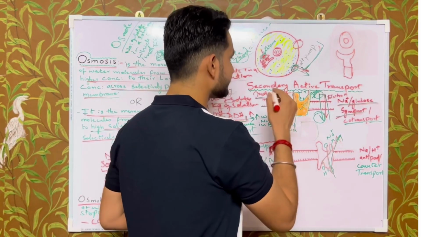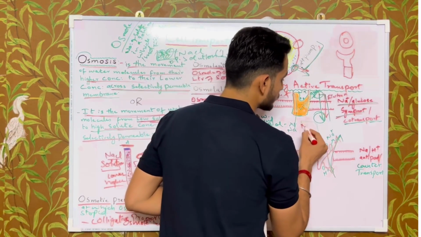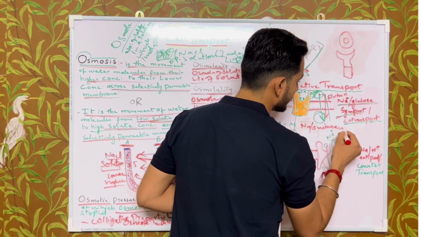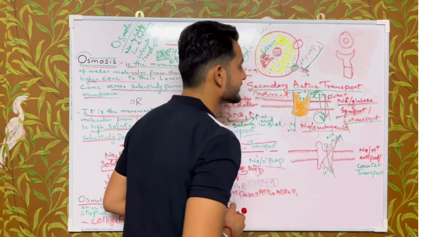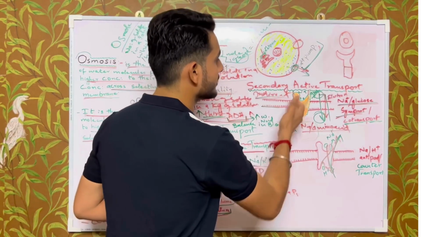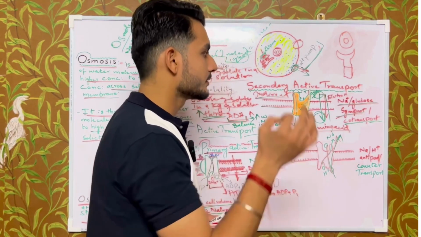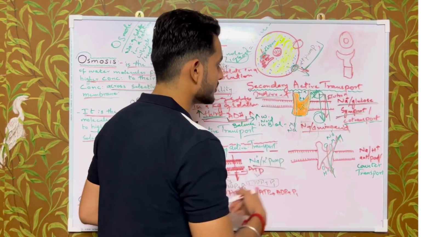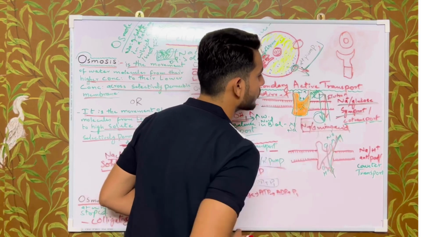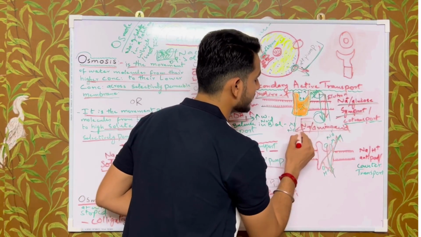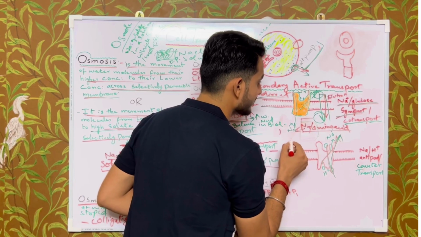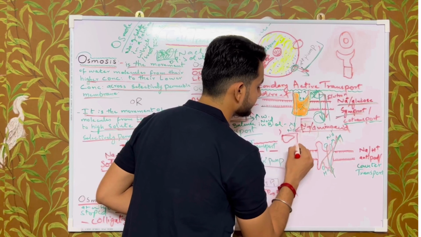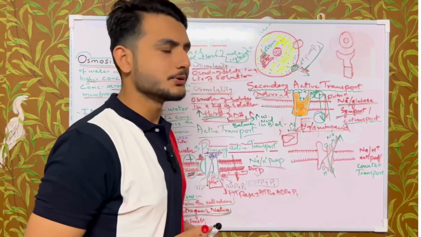Another example of symport is the sodium amino acid transport, which operates in the same manner as the sodium glucose co-transporter, with the same mechanism behind it. These sodium amino acid co-transporters are implanted within the microvilli of the cells of the small intestine, and also within the PCT cells. So this must be clear to you.